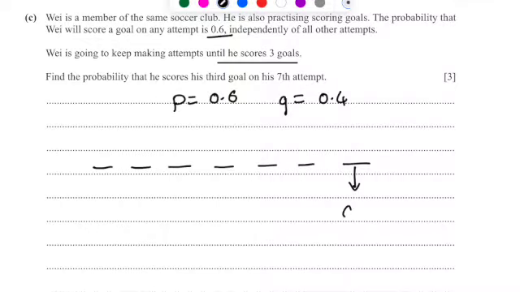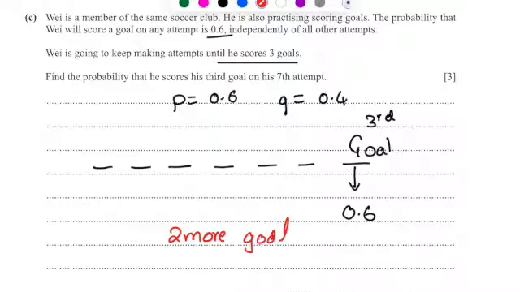Over here he is scoring a goal, which is 0.6. But this is the third goal, so therefore 2 more goals have to be selected in these 6 places. So 6C2. So maybe over here a goal and a goal.